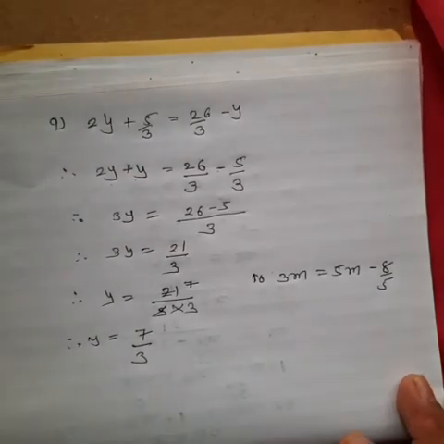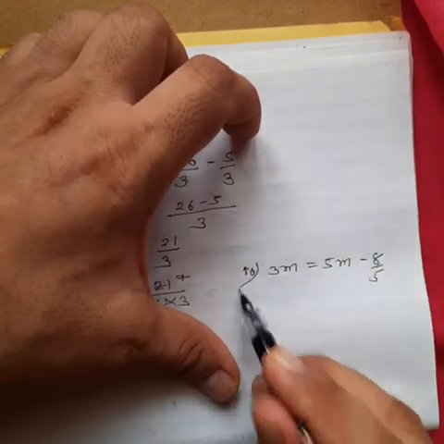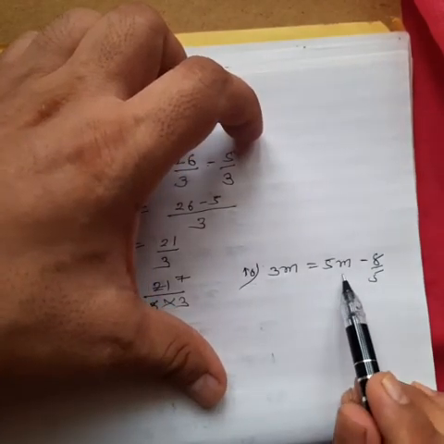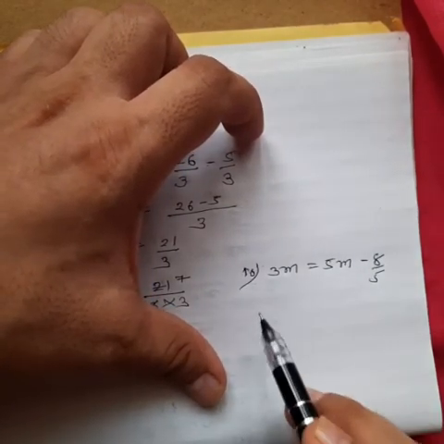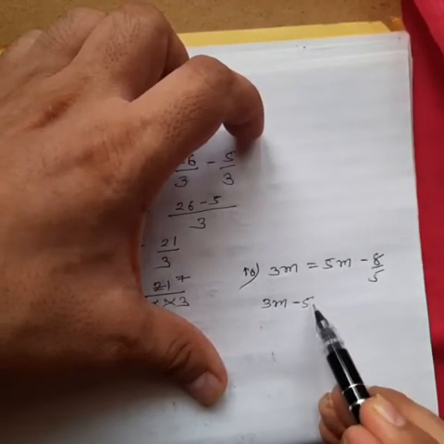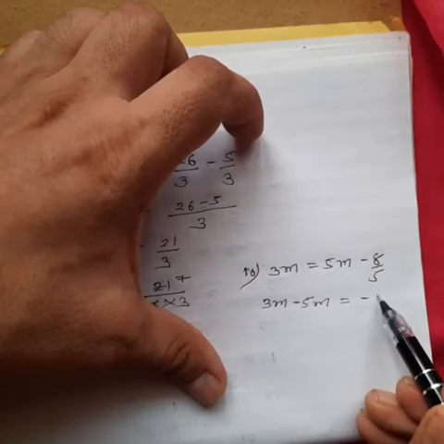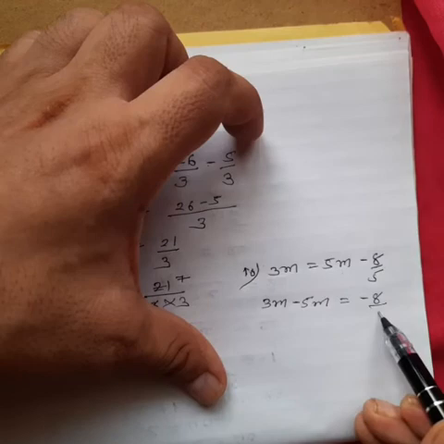Very interesting sum. Try to understand it. I shift 5m to the other side. So what do I get? 3m minus 5m is equal to minus 8 by 5.